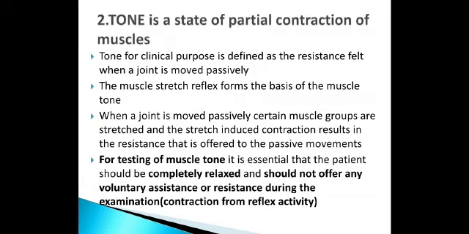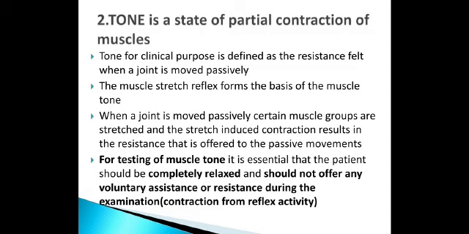What is tone? Tone is defined as a state of partial contraction of the muscle. Clinically, tone is defined as the resistance felt when a joint is moved passively. Here we need to eliminate gravity and make the patient lie down in a supine position and move the joint passively.